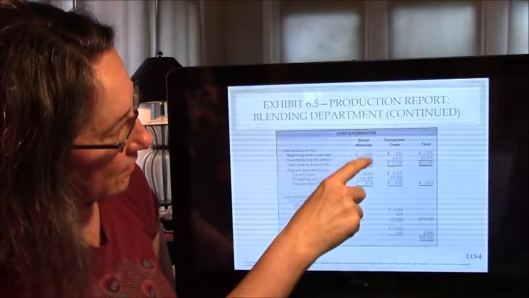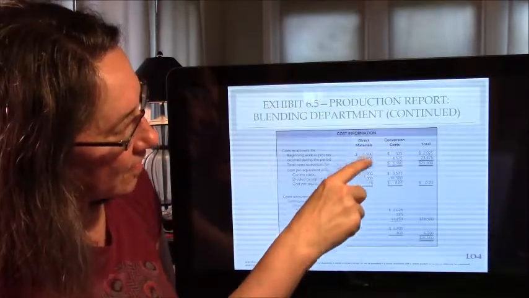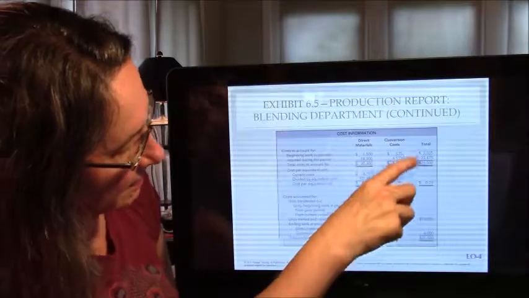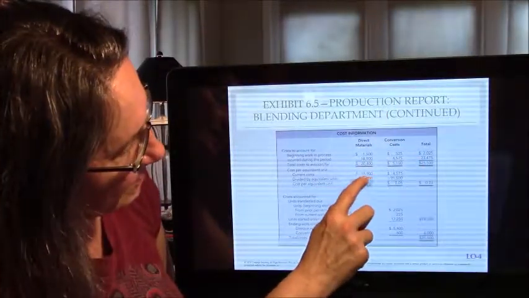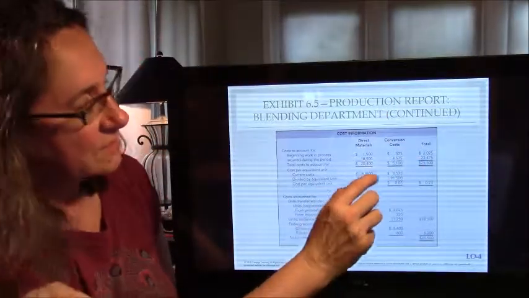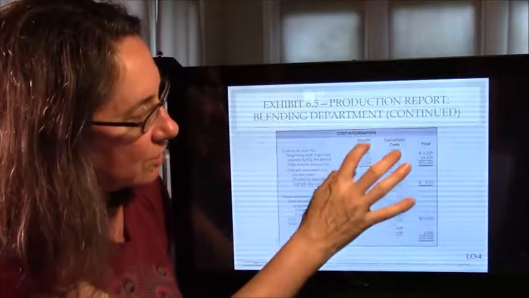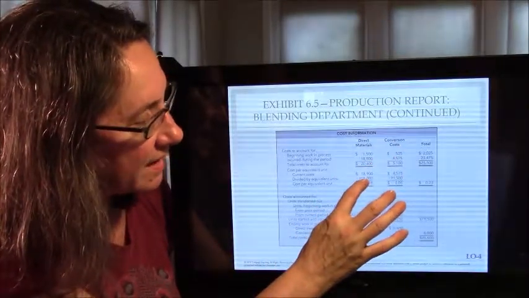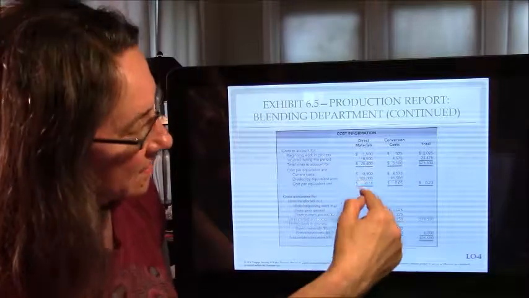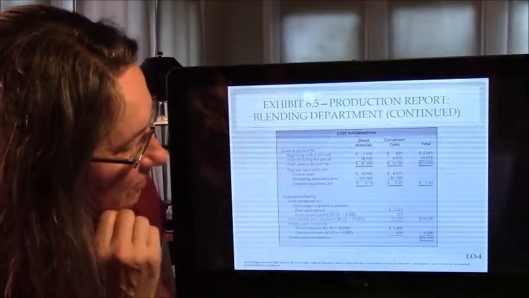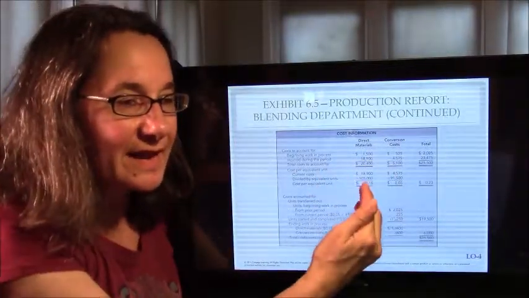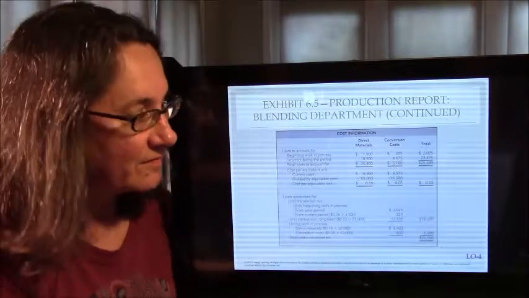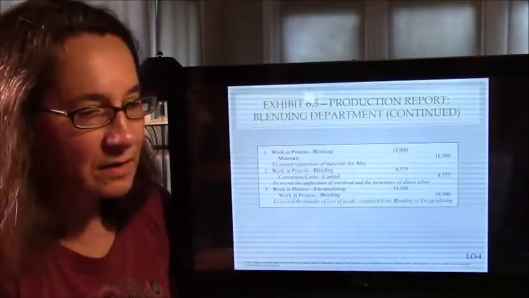Here's the totals, and here's the totals, and you divide it by those equivalent units. That's what the equivalent units are for. When I get my total costs and divide by those equivalent units, it gives me a cost per equivalent unit.